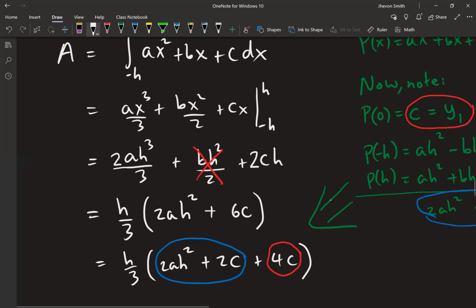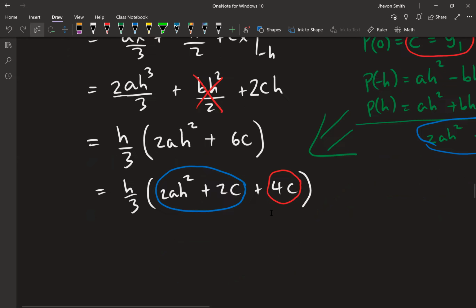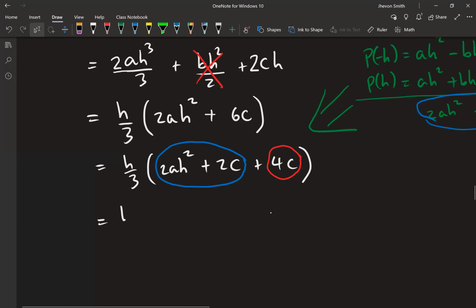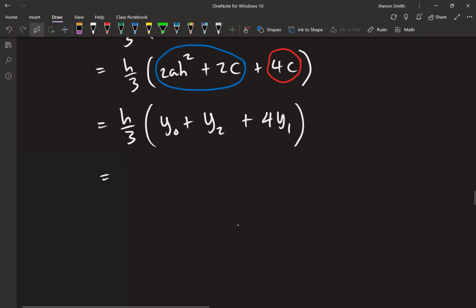And what's going to happen when I start writing these guys out? The first guy is going to be y0 plus y2. This guy over here is going to be 4y1. So now I end up with h over 3 times y0 plus 4y1 plus y2.